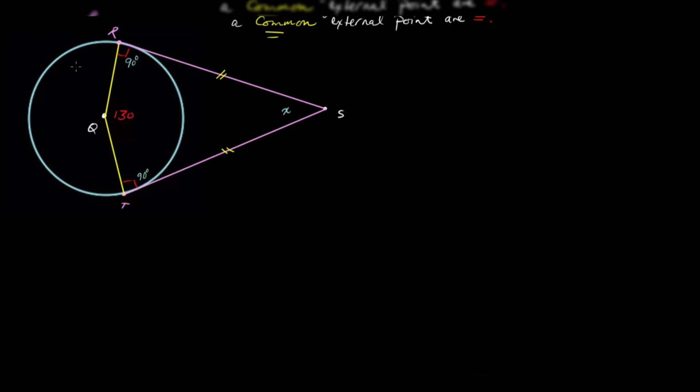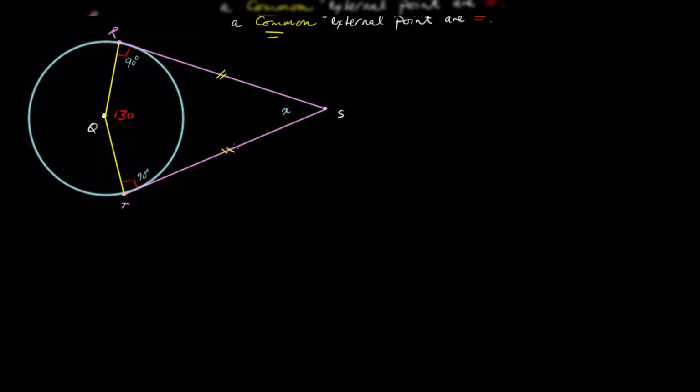And as you can see, this is a quadrilateral, QTSR. It's a four-sided figure. And we know that the sum of all the angles of a quadrilateral, just like a rectangle or a square, add up to 360 degrees.